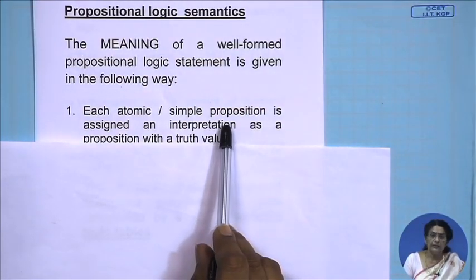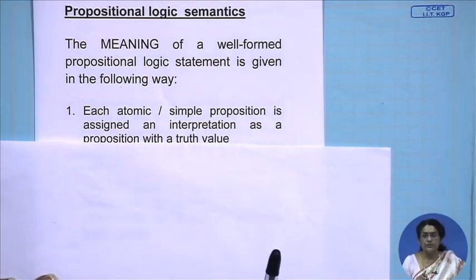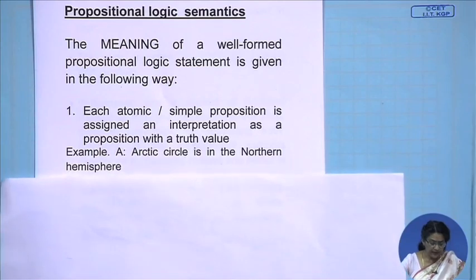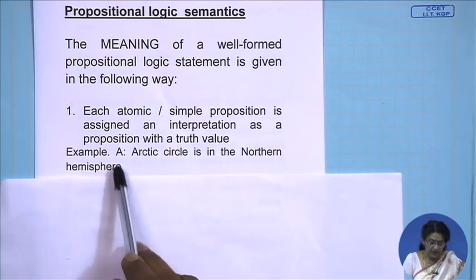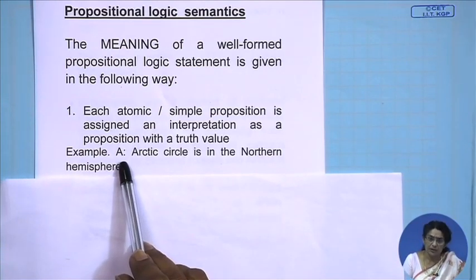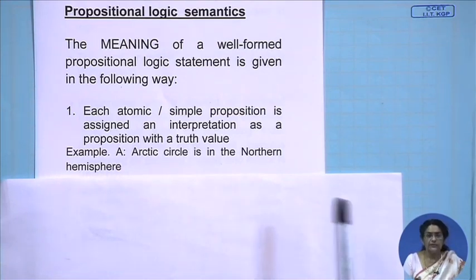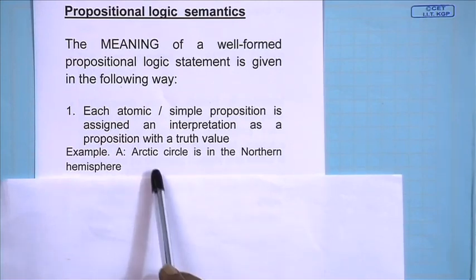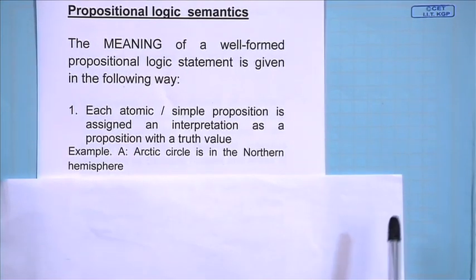So, the beginning is that the simple proposition is assigned an interpretation with a truth value. For example, this is what we have been doing in the symbolization. So, this is your propositional constant, and we assign it some proposition or statement with a truth value. For example, the Arctic Circle is in the northern hemisphere. That is a statement which has a truth value. So, the first thing is that we are taking the elementary units, the basic units, and we are trying to assign truth values to them.